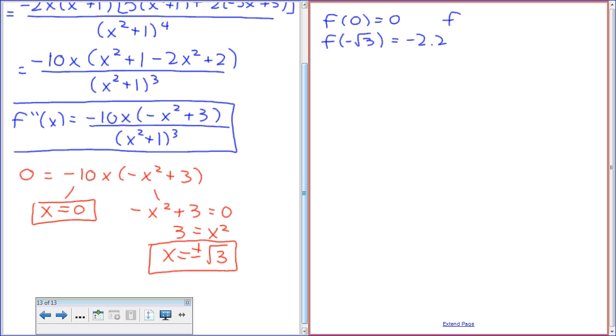I found f of root 3 is equal to positive 2.2. I found f of 1 equals 2.5, and I found f of negative 1 is negative 2.5. All right. We're going to graph this in a sec.